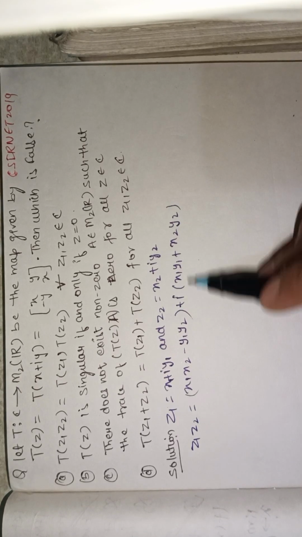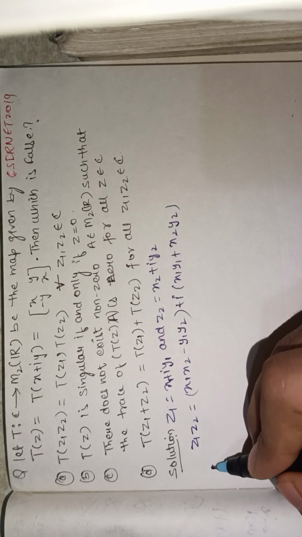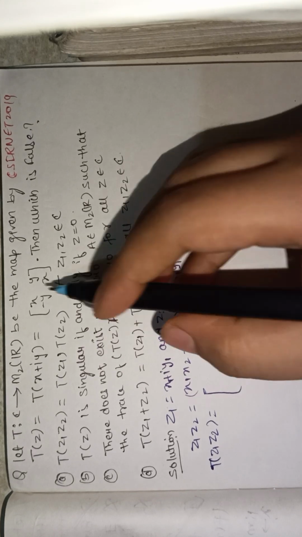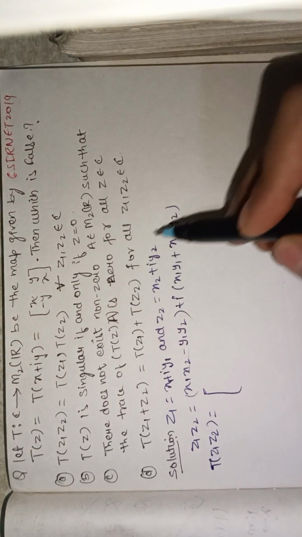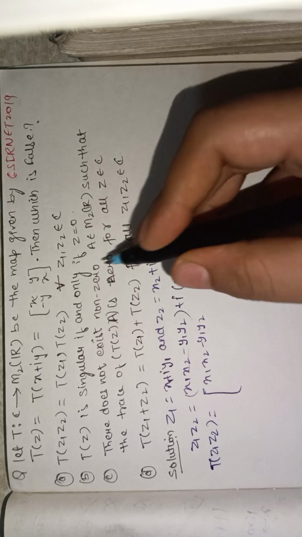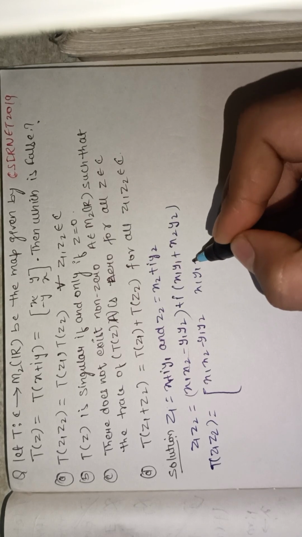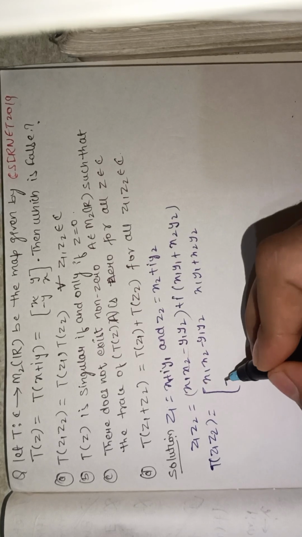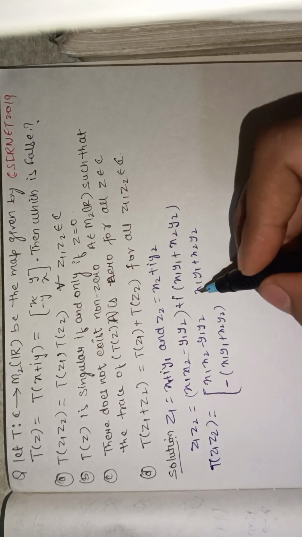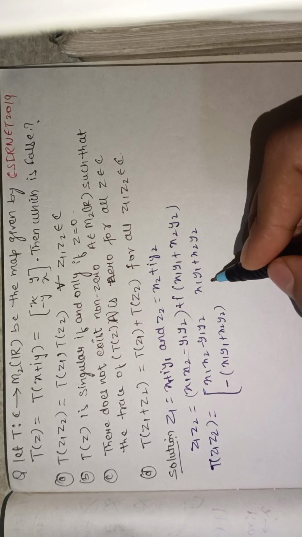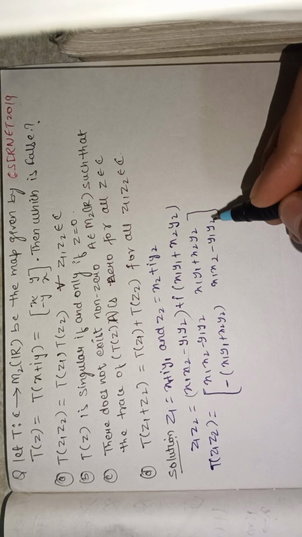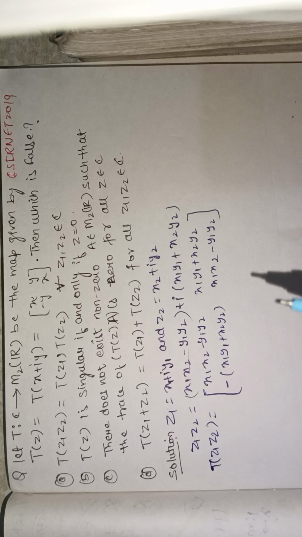We multiply both, we get this. So T(z1 z2) is equal to what? Here x is this and y is this. So we get the matrix with entries x1 x2 - y1 y2, x1 y2 + x2 y1, and minus of x1 y2 + x2 y1, and x1 x2 - y1 y2. This is our T(z1 z2).